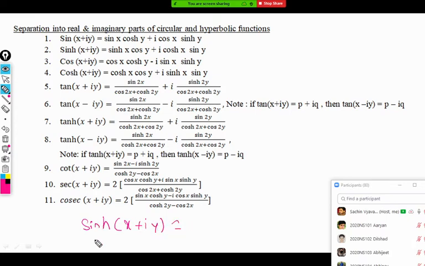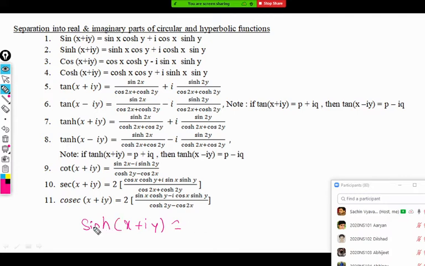First of all, as we want a formula for sinh of x plus iy, you should recall the formula for sine of a plus b. Sine of a plus b is sine a cos b plus cos a sine b. In the same way, replace sine by sine hyperbolic. There is no product of sine functions, so we will not change the sign.